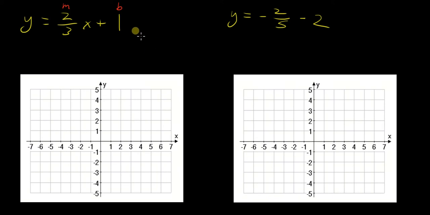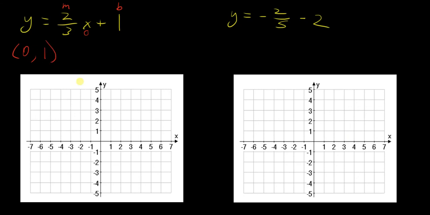Well, now I'm going to graph this, and my fast point, I'm still going to make x 0. What is y equal to when x is 0? Well, if I make x 0, I have 0 times 2/3. Anytime you make x 0, this entire term disappears, always. And what does that leave y equal to? Well, it leaves it equal to 1.